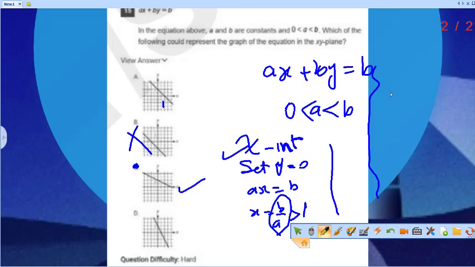They substituted a with 1 and b with 2, and identified x and y, it's 2, 1, by getting the x-intercept and y-intercept. The x-intercept is 2 because we set y to 0. The y-intercept is 1 because we set x to 0. It's also the same.